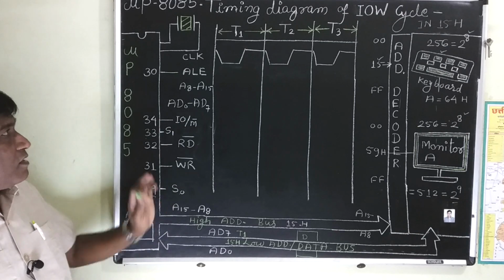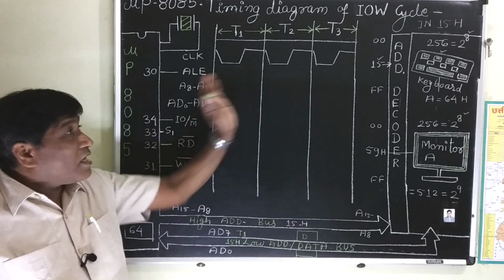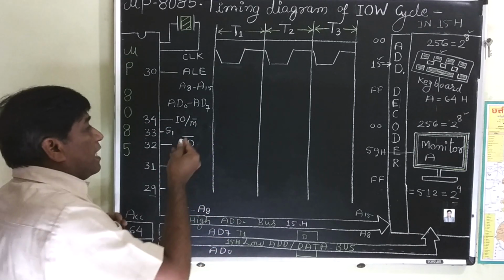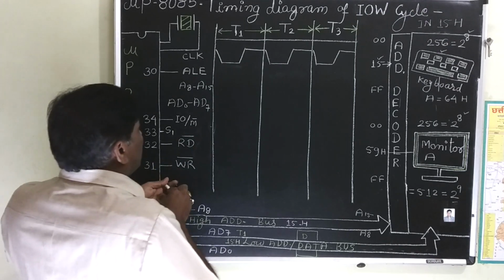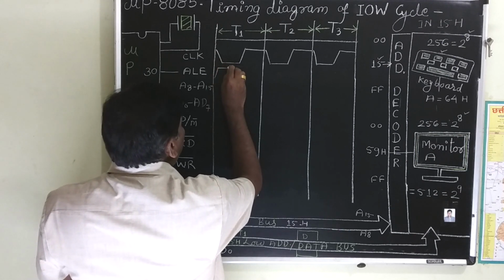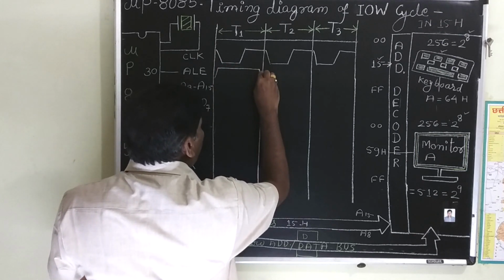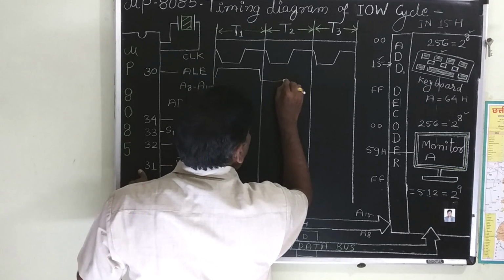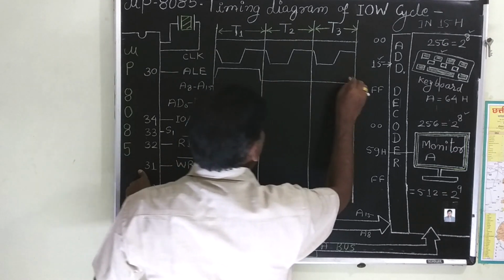Okay. Now we are coming back to our IO write cycle. At the T1 T state, the ALE will be enabled during T1 and it will be disabled for the rest of the time, T2 and T3.